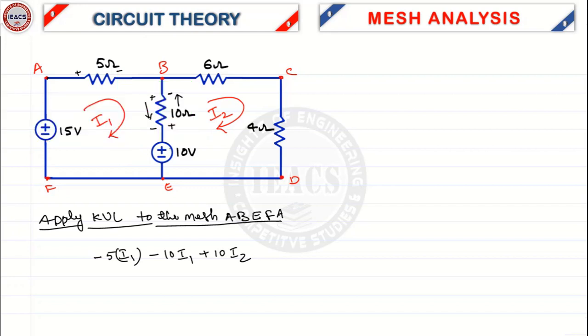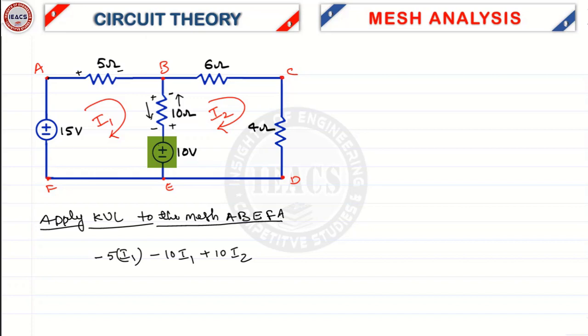Now after this resistor, there is a voltage source. This voltage source is also common to mesh 1 and mesh 2. Even though this voltage source is common to mesh 1 and mesh 2, there will be no problem, because the voltage across the voltage source is independent of other circuit conditions, whether it is common to one loop or to both loops.